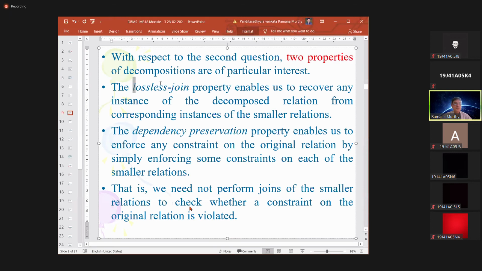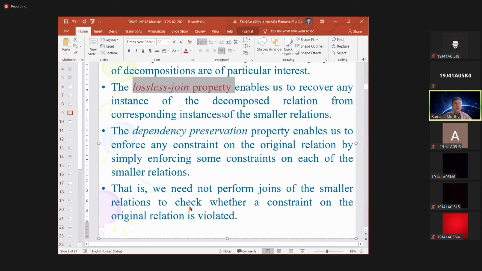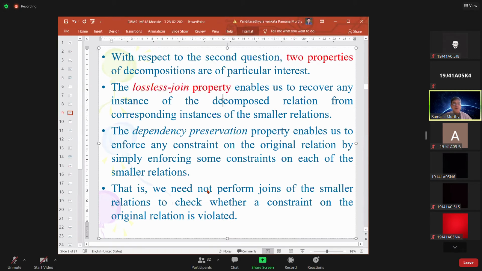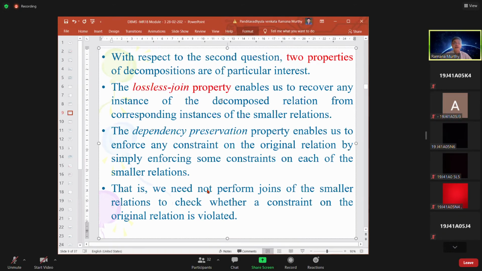What are those two properties? Property number one is the lossless join property. What is this lossless join property telling us? It enables us to recover any instance of the decomposed relation from the corresponding instances of the smaller relations.